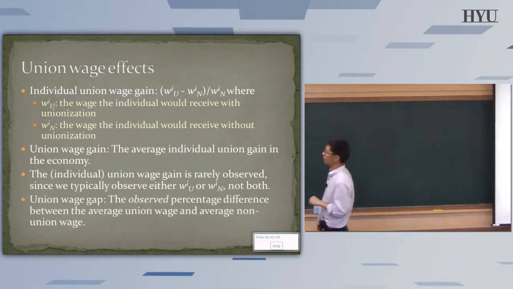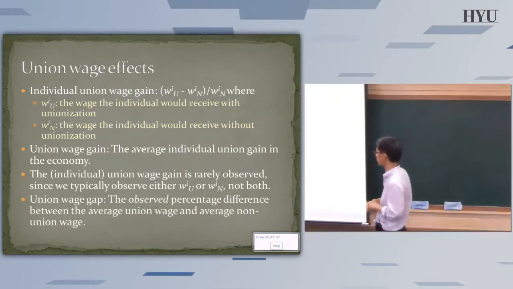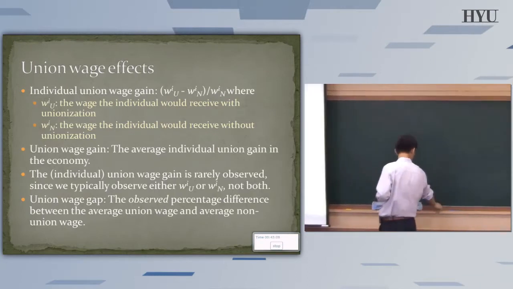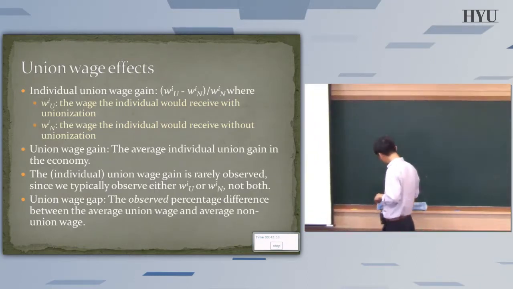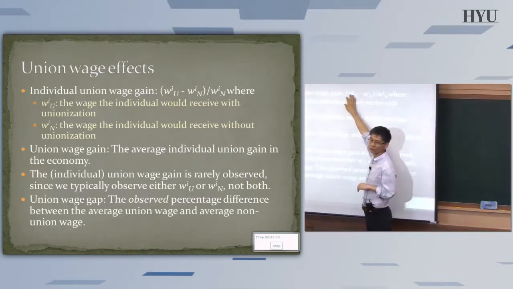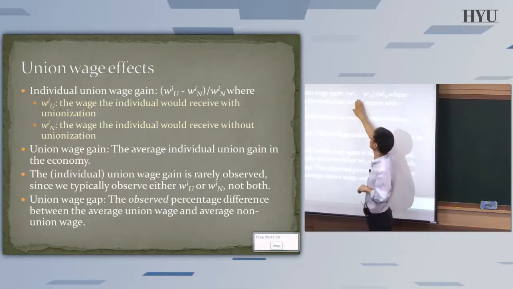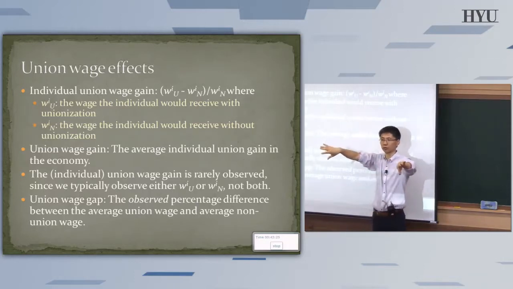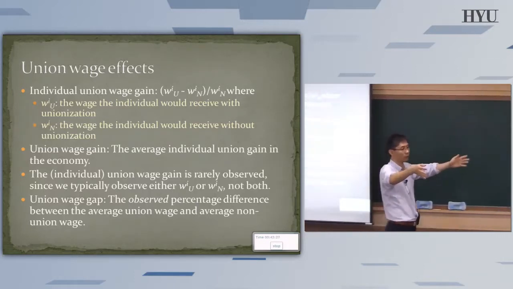But there is another term called union wage gap. What is union wage gap? Union wage gap is the observed percentage difference. In our economy, there are two groups: union members and non-union members.